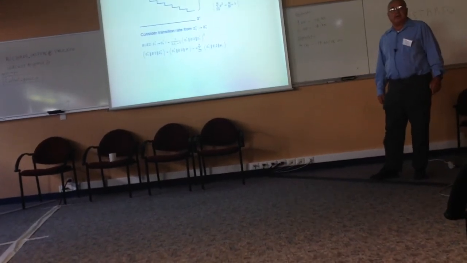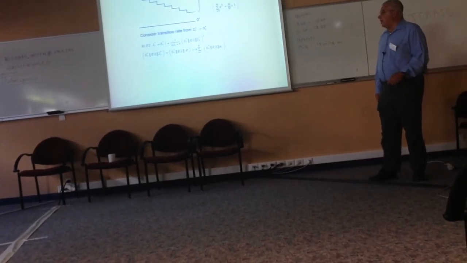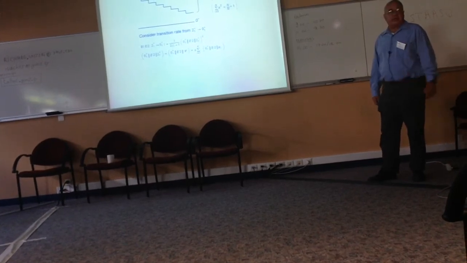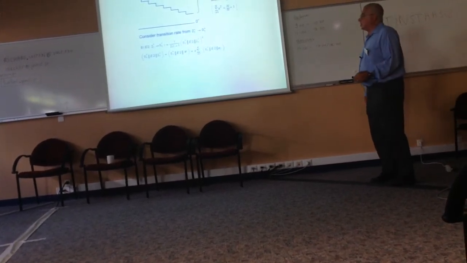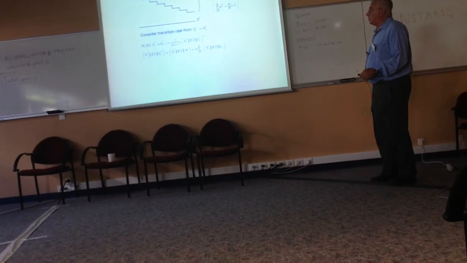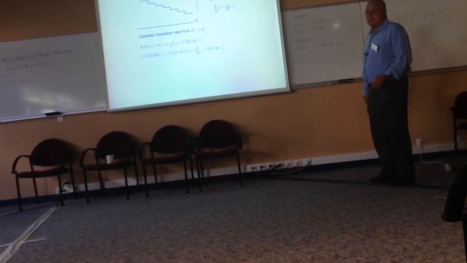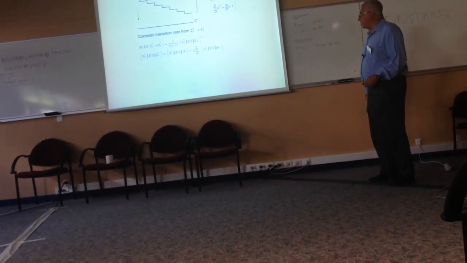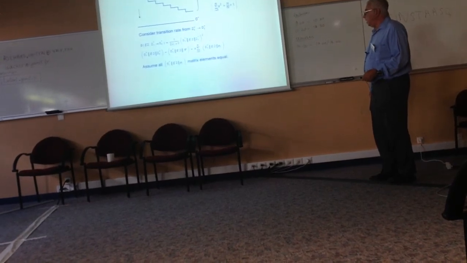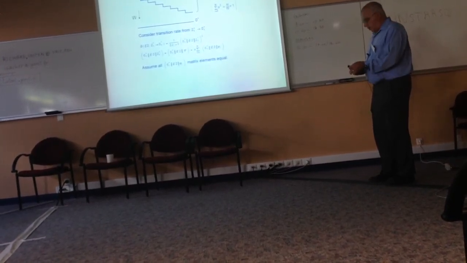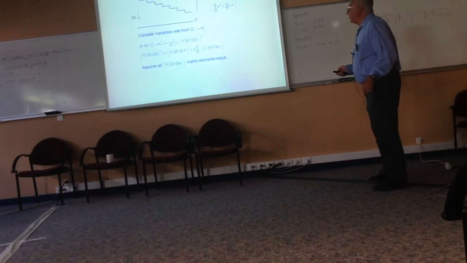Is that clear? Now I'm going to make the approximation that all these individual ones are equal. That is, the matrix element for each of these initial unperturbed states to the 0+ is the same. And I'm going to call that W.